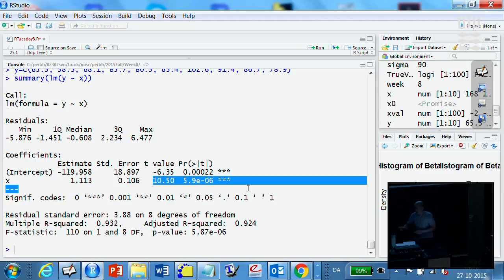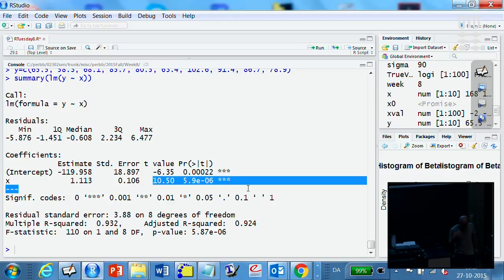P-value, very, very small, so we reject the null hypothesis of a 0 value, of no relation. So we have proved, not surprisingly, given the data we're looking at, of course, but statistically now, that there is some relation between x and y in this case.